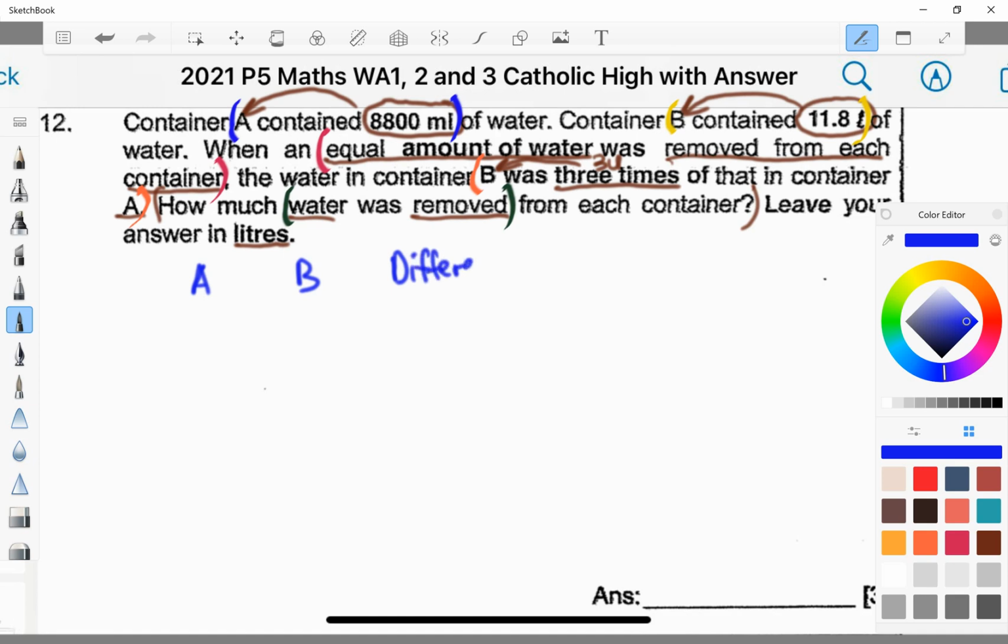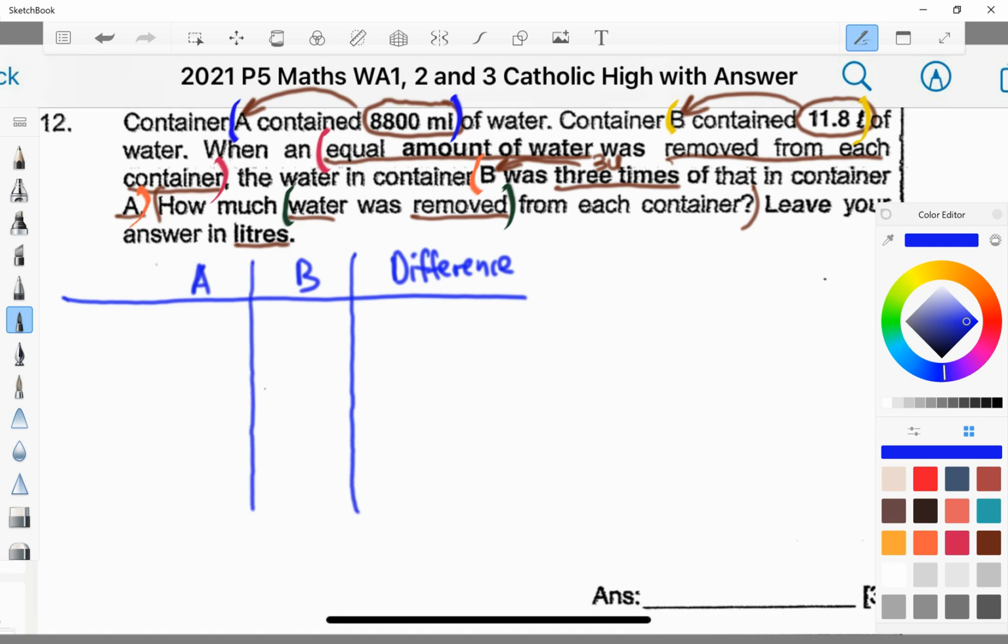So this is slightly different from the previous episode because there's one more column at the back called difference. After that, I will draw a line across and I will split them nicely into columns. And as a reminder to everyone, please use pencil when you're drawing the BCA ratio table.